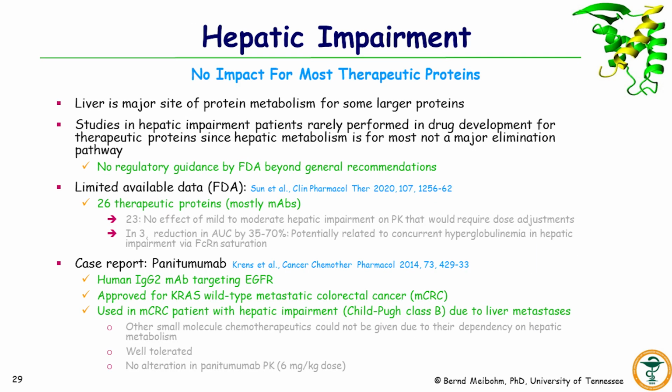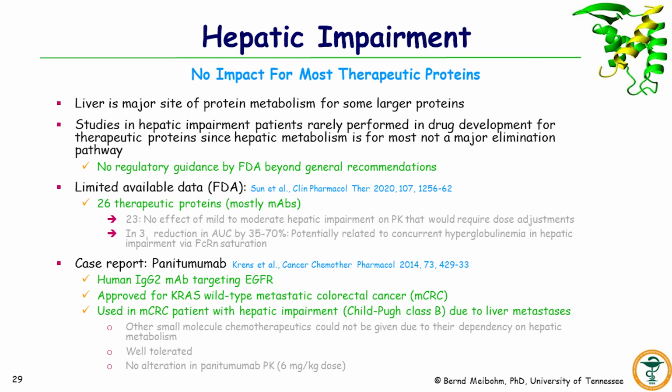Now, since we talk about organ impairment, we probably should also mention hepatic impairment. Similar to renal impairment for those compounds that are larger than 69 kilodalton, hepatic impairment also has no impact for most therapeutic proteins.